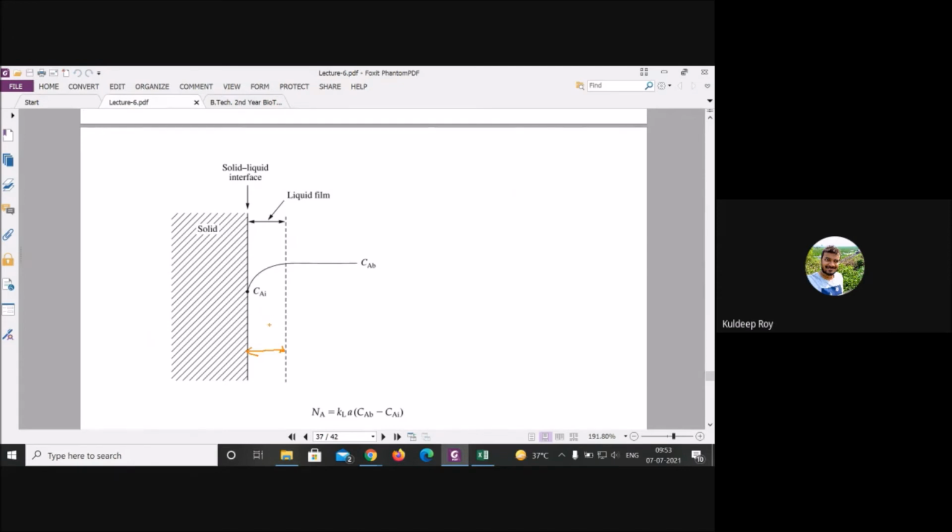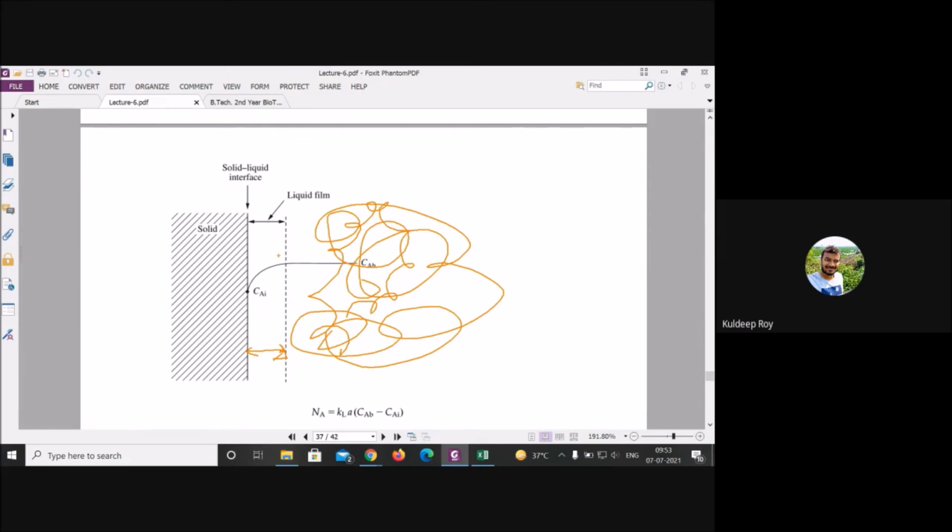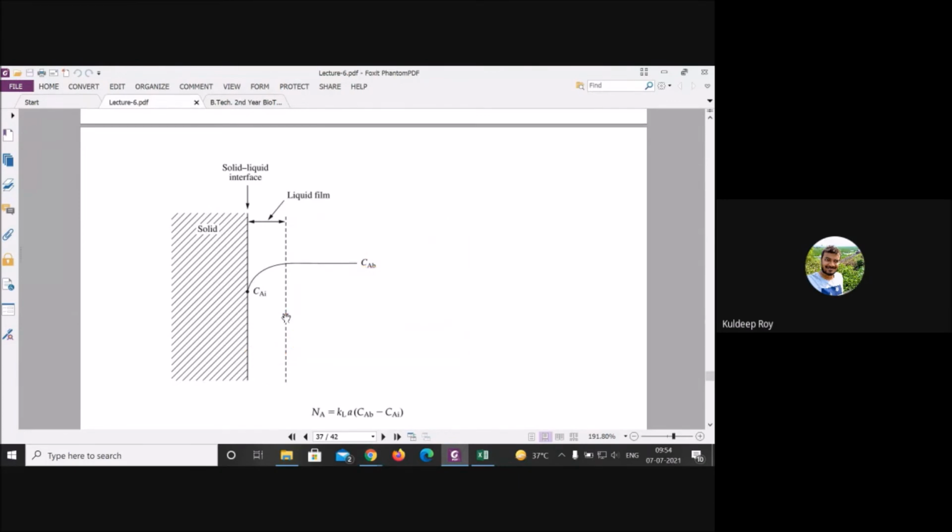Because, as we already saw in the earlier class, this portion will be turbulent, but here there will be no turbulence. This is called the film theory we have discussed, correct? There will be so much turbulence in your system, but around the solid surface there will be no turbulence. Due to that, diffusion will occur, and due to diffusion, the transport will occur. This thing we have already discussed, and you just check this picture.